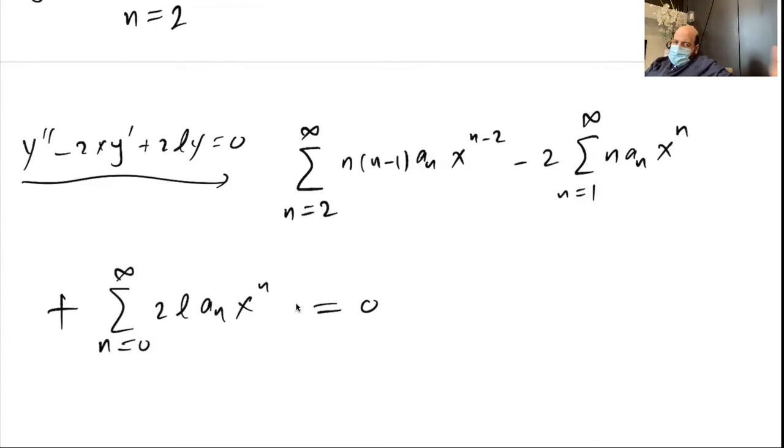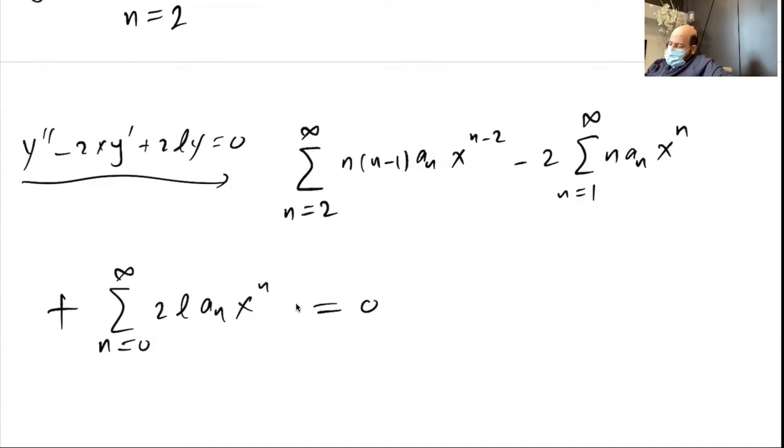But if one of them starts with a constant term and one starts with an x term, then I cannot match them, because the problem is not just rewriting the sigma. A constant term and an x term cannot be matched. So let's see which term each sigma starts with.